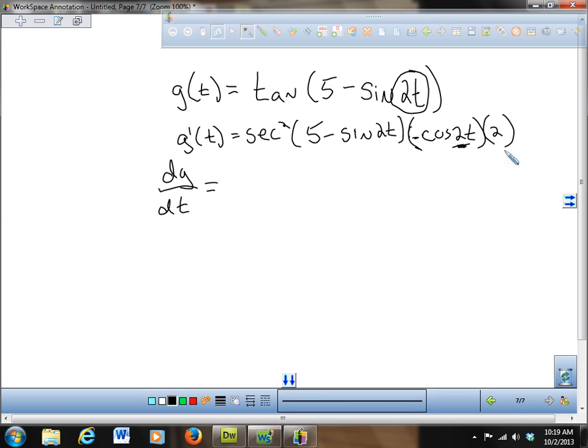I get where you got negative cosine of 2t, because then I have to apply the chain rule on this. I know how to take the derivative of sine, but I also have to take the derivative of 2t, which is 2. You have to use the chain rule twice, so there's a chain rule within the chain rule. Would that be easier to understand if you did the u on this one?